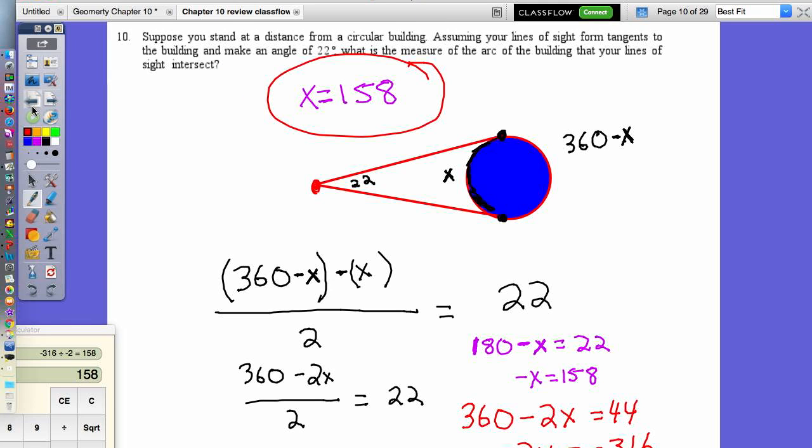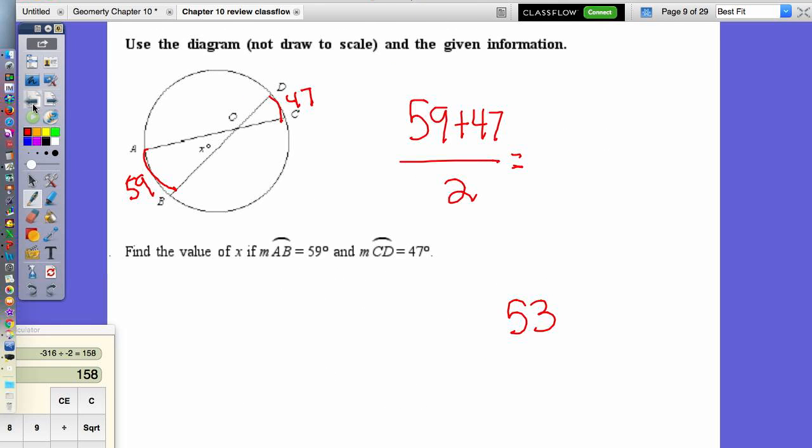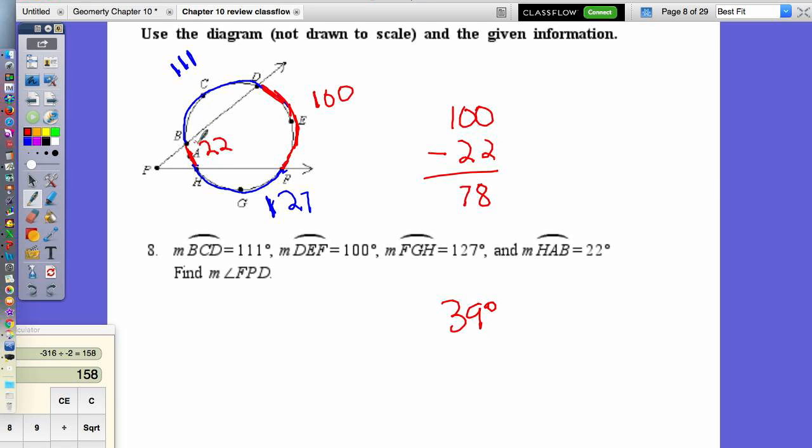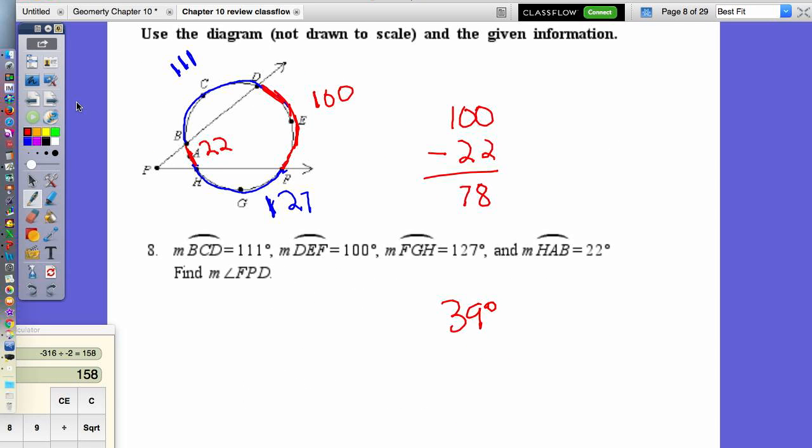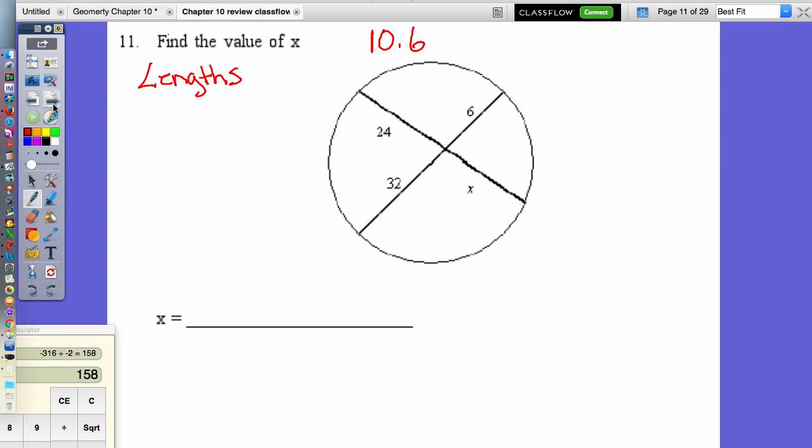Here, these past problems, we've been dealing with measures of arcs and angles. 22 and 122 are not the measures of the arcs in length, they're the measure in degrees. Now we're getting into the measure of segments in actual lengths. In terms of arcs in actual lengths, we will deal with that next week in chapter 11.